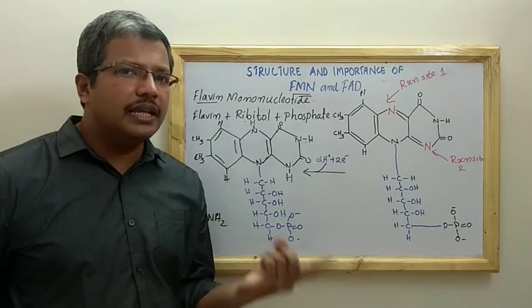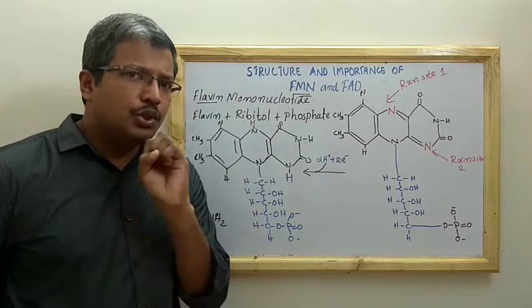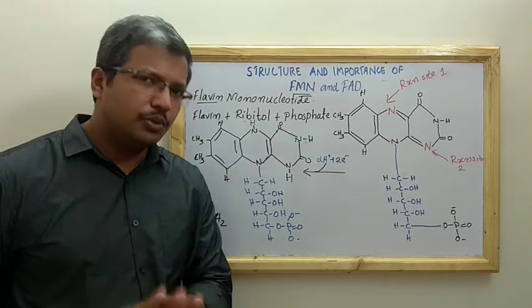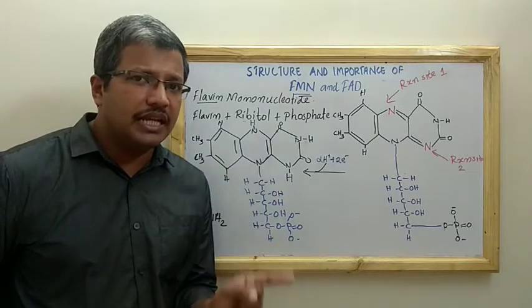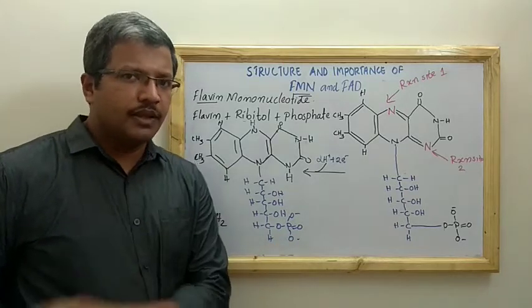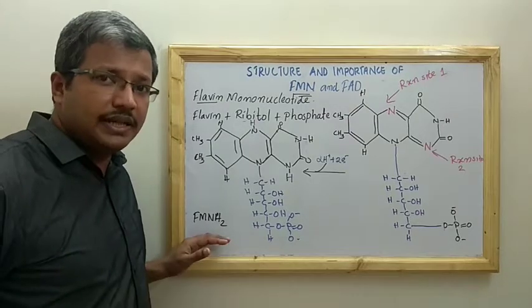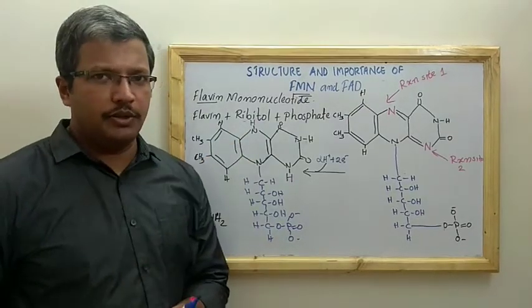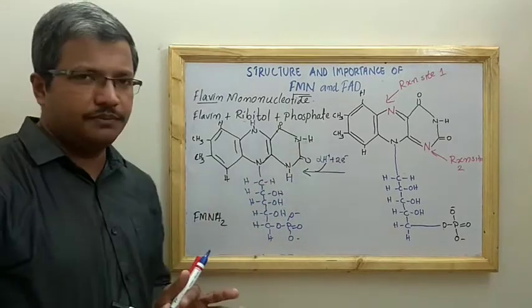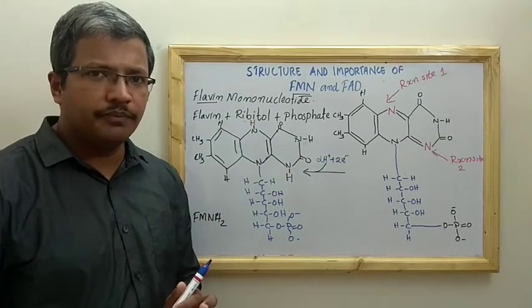In case of NADH plus H+, 2 electrons are added but only 1 proton is added, and the 1 proton is out. That's why we are writing NADH plus H+. Here you don't have to write like that because both hydrogens are added in the molecule. So this is the reduced state. Hope you got it. Okay.